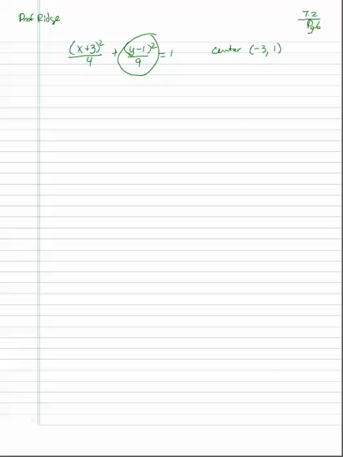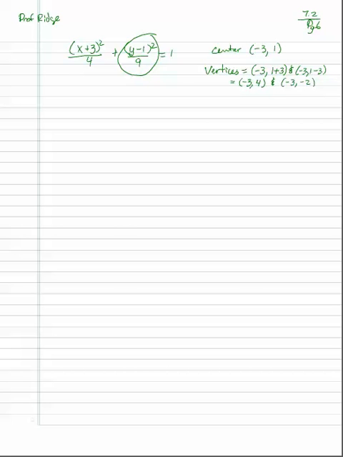We'll do plus 3 and minus 3 for the y coordinate. So that's going to get us negative 3, 4, and negative 3, negative 2.